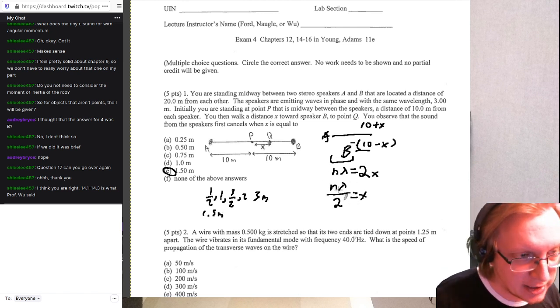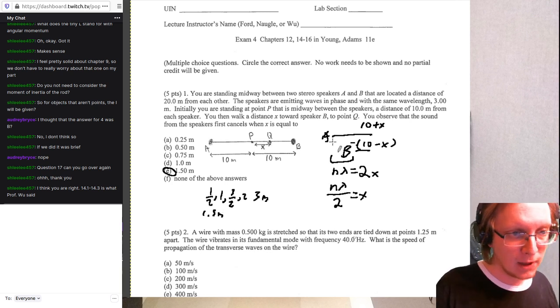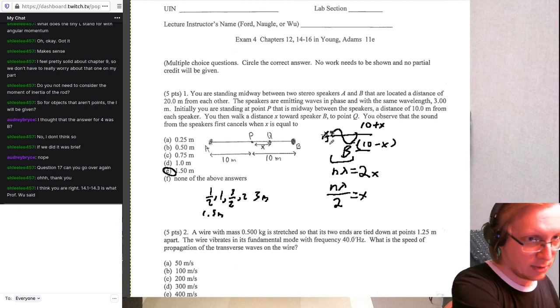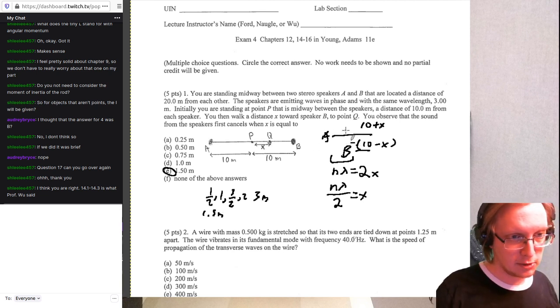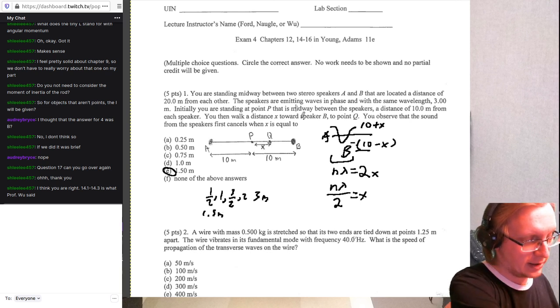So this is actually a constructive point here. n lambda means that I go through n cycles from here to here. But I don't want n cycles, I want half a cycle. If I go in cycles like that, then they interfere constructively.